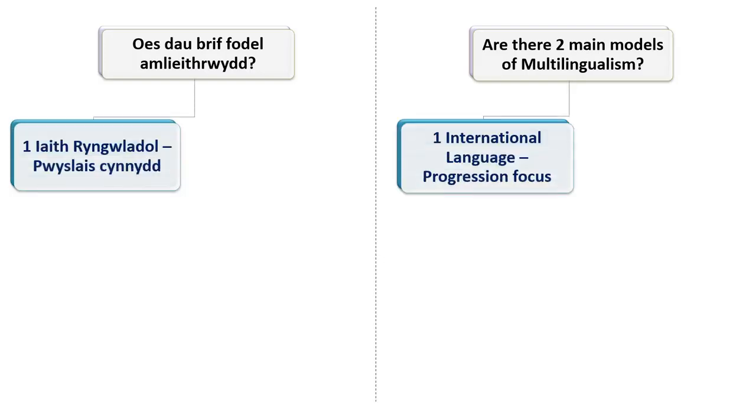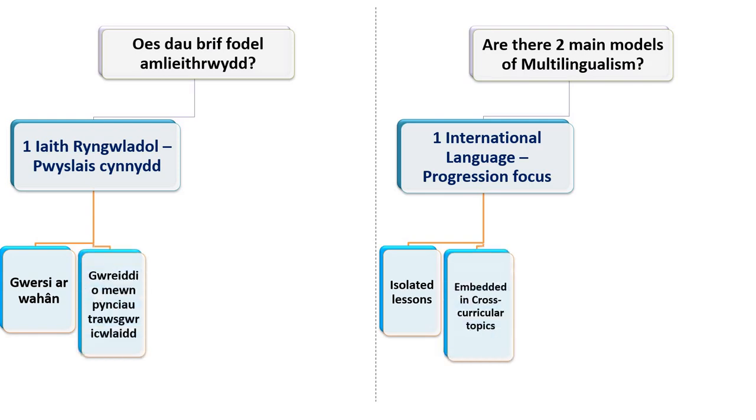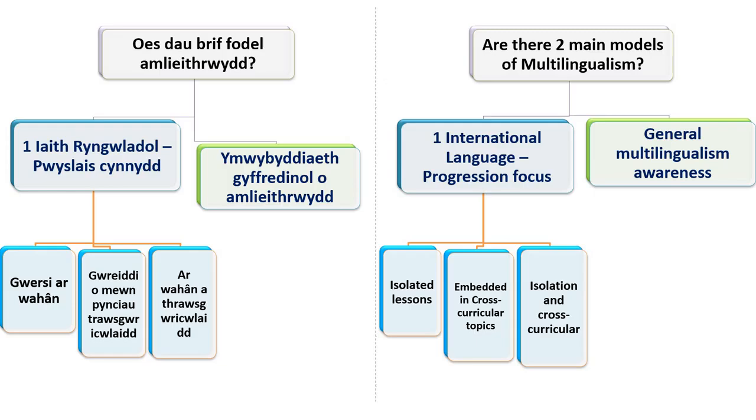If you're just having one international language focus, where you're focusing on the progression steps, where there's isolated lessons of language, but they also then is embedded in cross-curricular topics, maybe, so you give that language a context to use, so that you bring in both rather than either or.